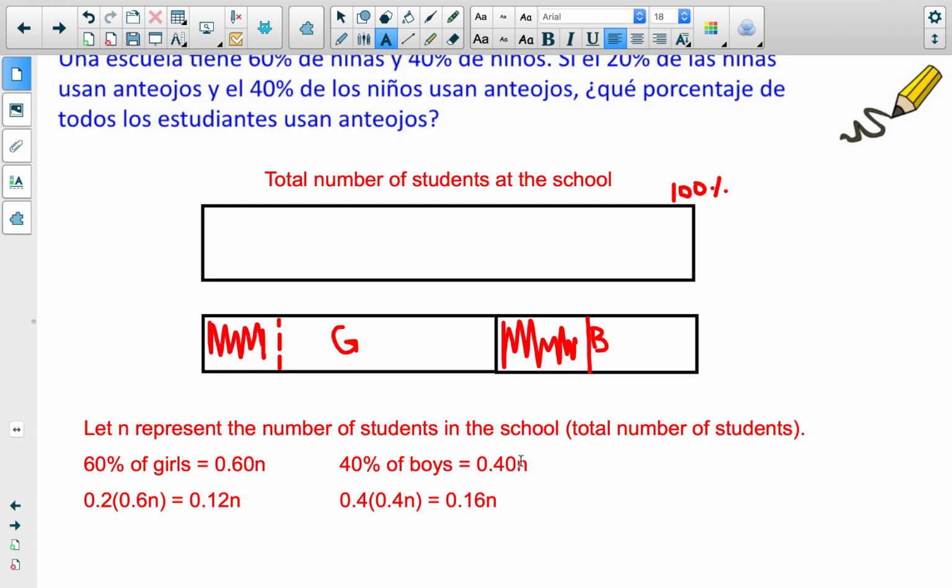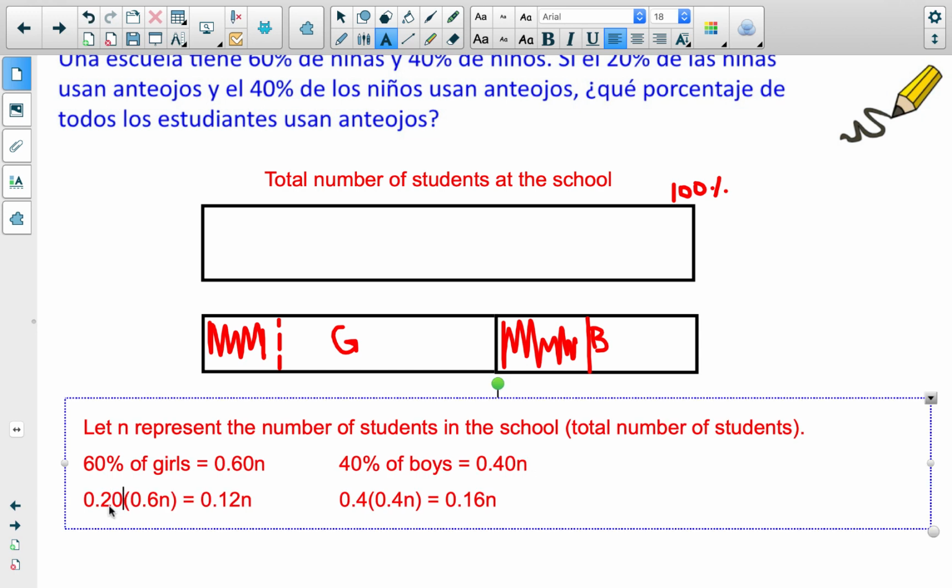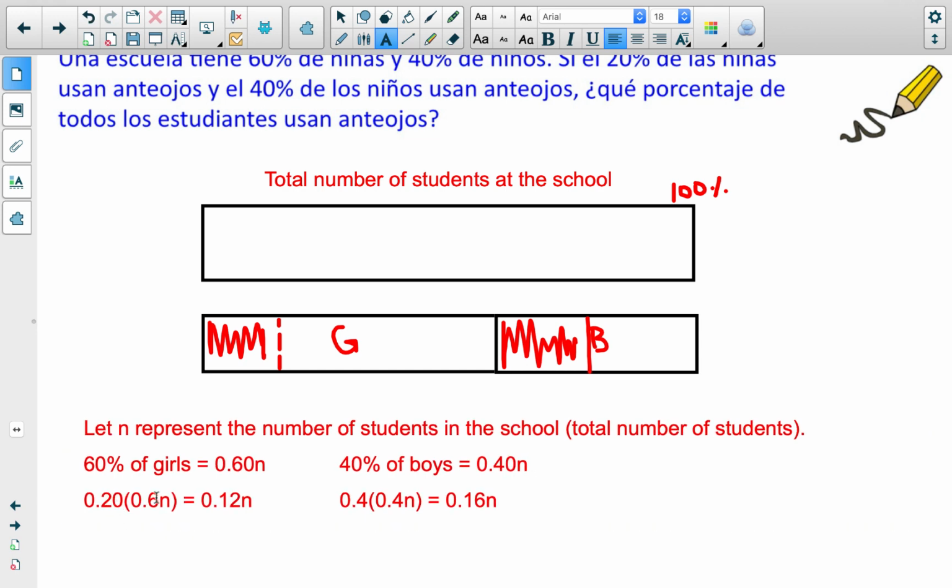Now, I can't just add those together because only 20% of the girls are wearing glasses. So I needed to then multiply 20%, which once again, if you need the 0 to help you, you can put it in there. You need to find 20%, which is 20 hundredths, of that 60% of the total.